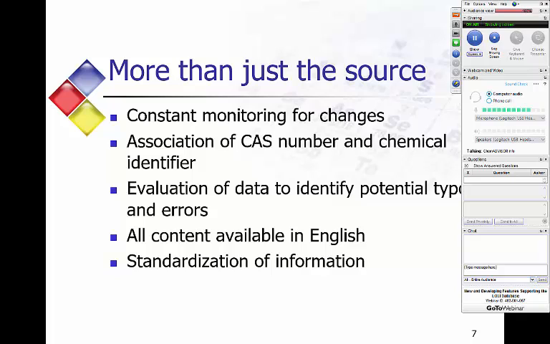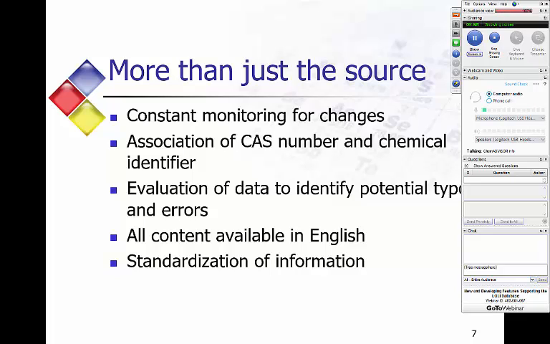In addition to being the publisher of the LOLI database, we are also a heavy user of the LOLI database. We write SDSs, we write labels, we do product evaluations, we do other work associated with chemical information. As such, we are able to identify errors and typos in the database.